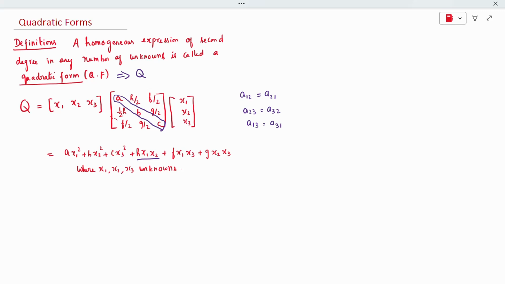So the first simple question, problem 1. Write the quadratic form, QF, as a product of the matrix. You are going to write it in a product of the matrix format.